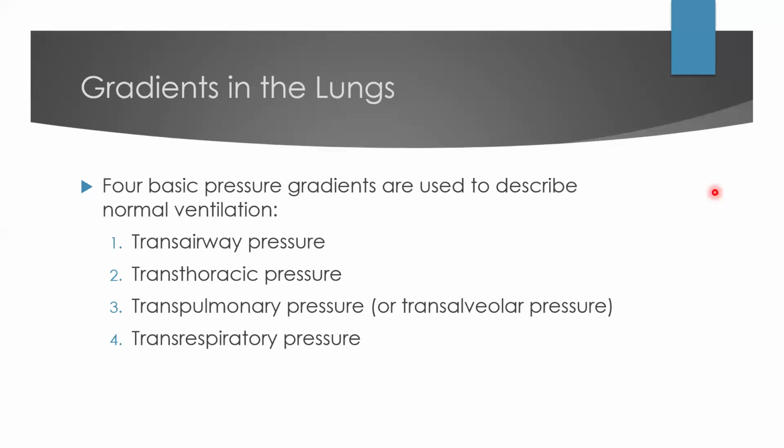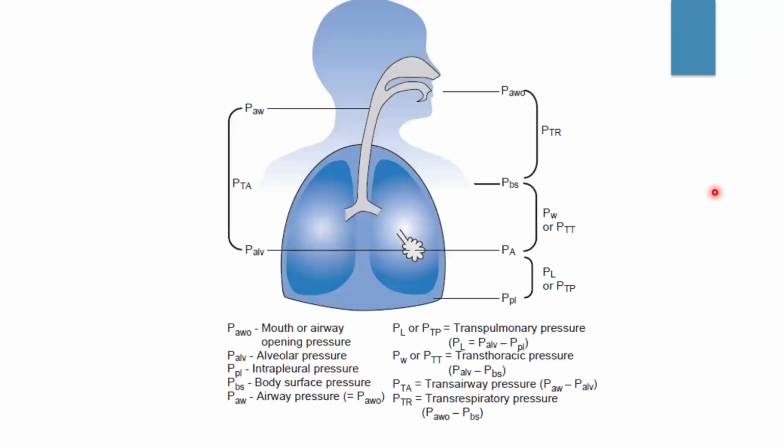When there is a difference in pressure, the flow of the air happens from the higher pressure to a lower pressure. So there are four gradients of pressures that are existing inside the respiratory system. First is the trans airway, second is transthoracic, the transpulmonary or transalveolar, and the transrespiratory. These terms are actually self-explanatory. We can come to the details.